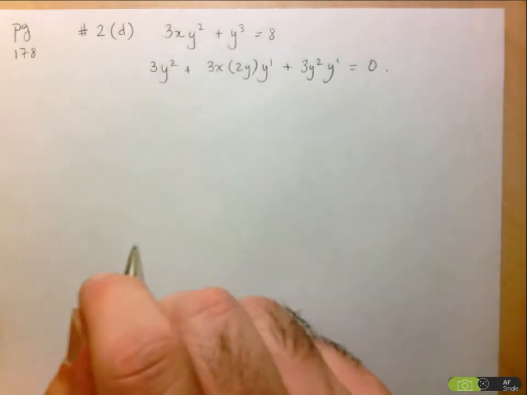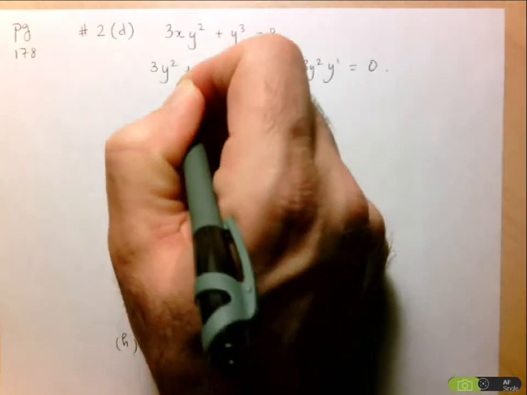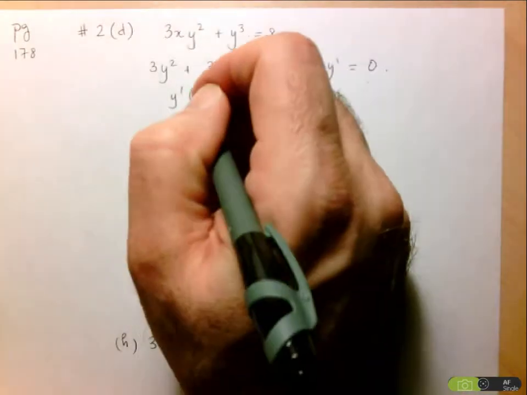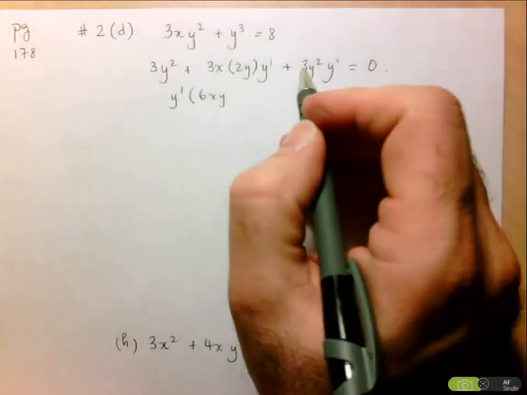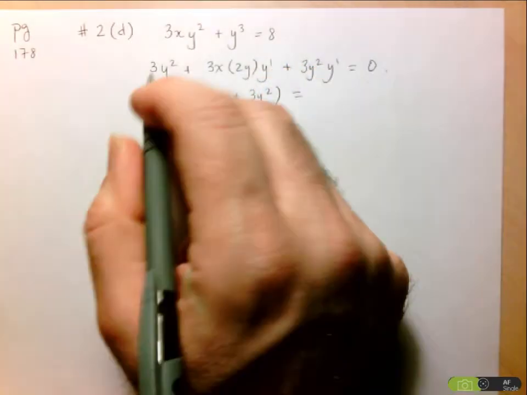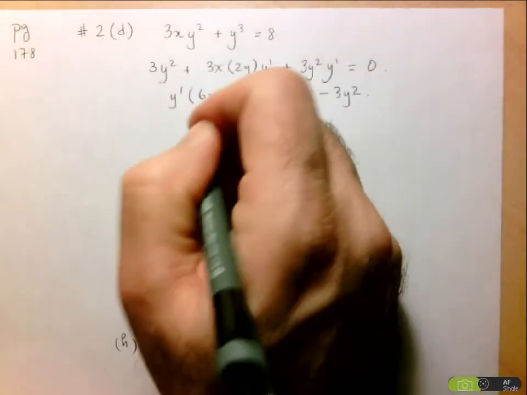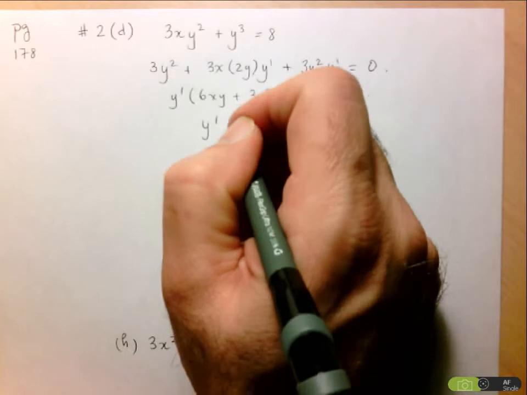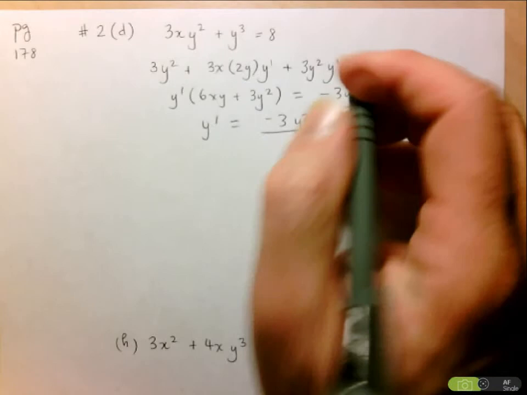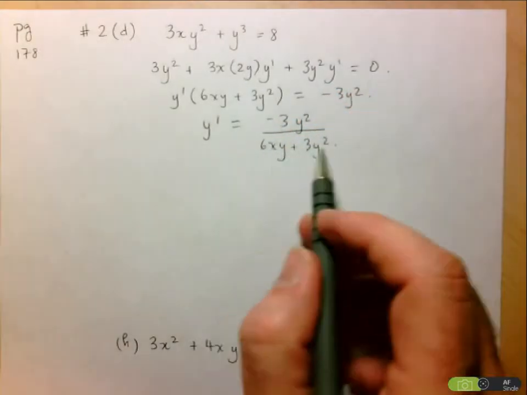Okay, so once we've taken this derivative on both sides, we group together all the terms with dy/dx, or y prime. So here, from that first expression, I've got a 6xy, and from that second expression, I've got plus 3y squared. And bring the other term that's left over to the other side, so negative 3y squared, and now I can solve for the derivative of y with respect to x, which is what I'm looking for. So y prime equals negative 3y squared over 6xy plus 3y squared, and it looks as though I can reduce a little.